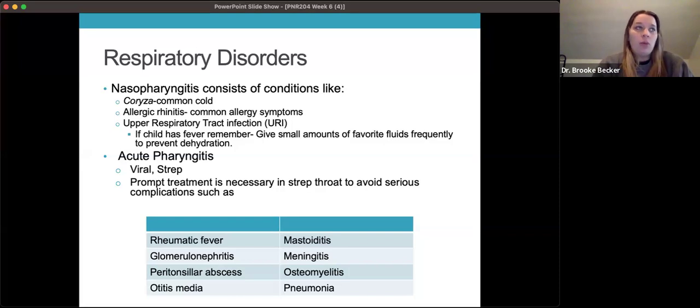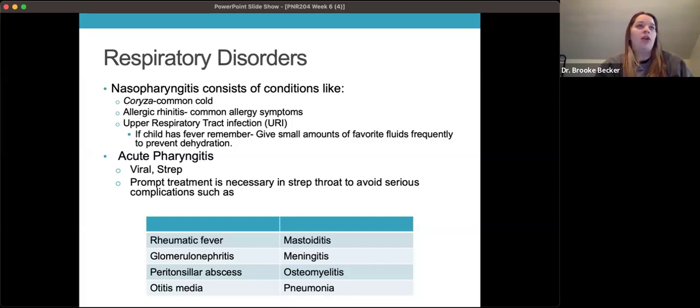So fever management wise, you want to manage fevers in kids. This is usually what I tell parents: if kids are acting okay and they have a bit of a fever and they don't have a history of febrile seizures, you can kind of see what that fever does.